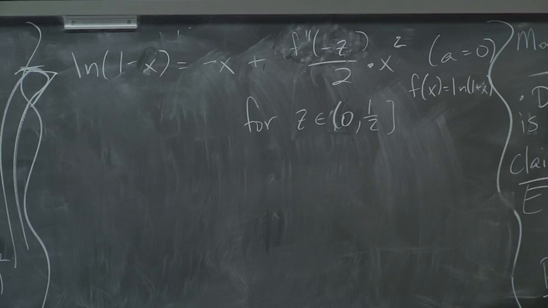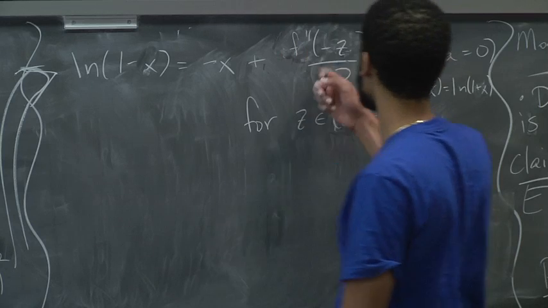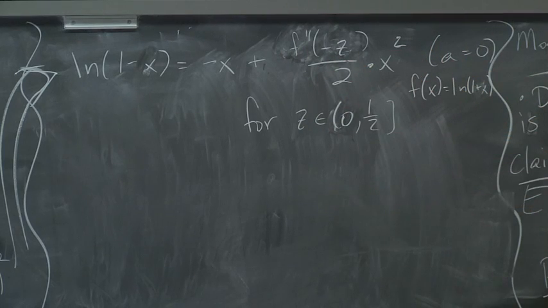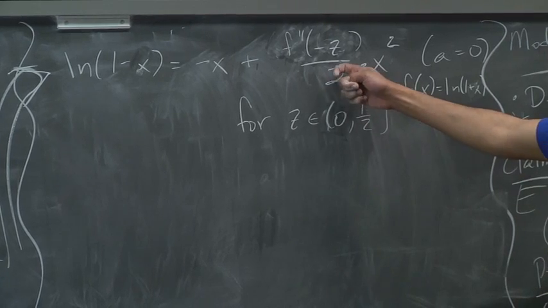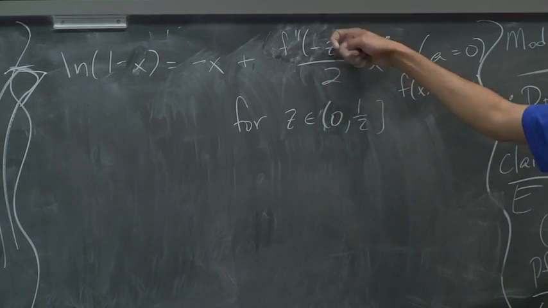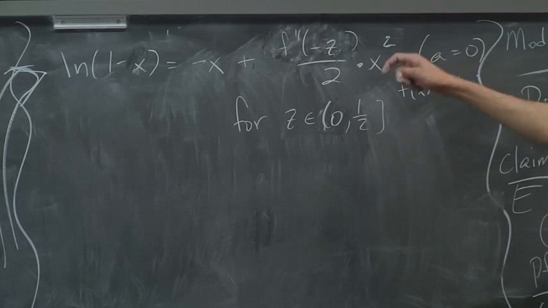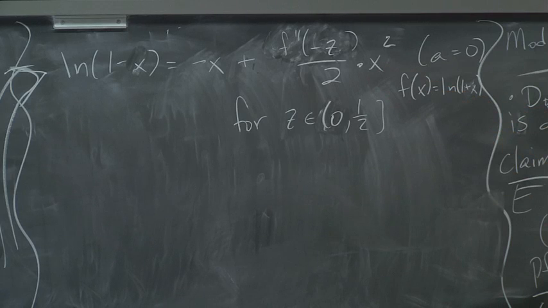So you can show that if you just bound the largest derivative of this function, ln of 1 minus x, in this range, then you can show that this thing is certainly going to be non-positive. And it's going to be at least, what's the worst case?